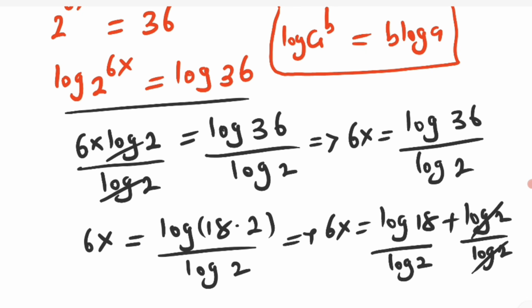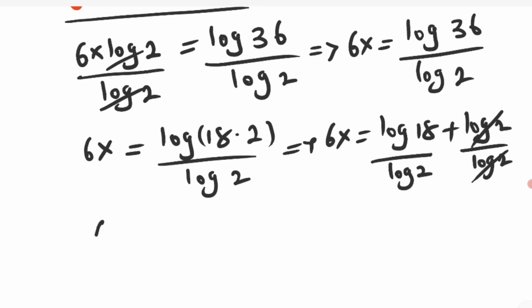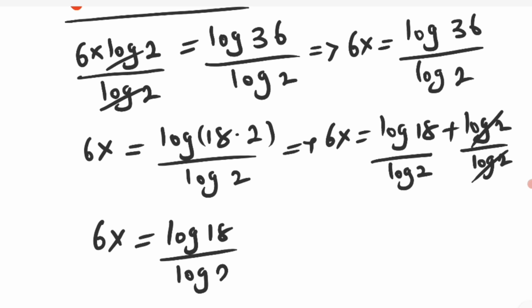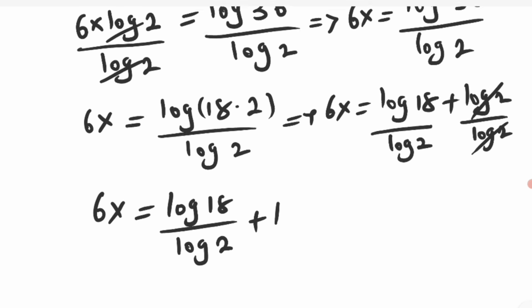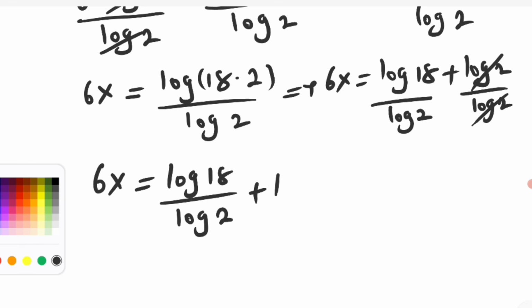This cancels this. Then 6x is equal to log 18 over log 2 plus 1.